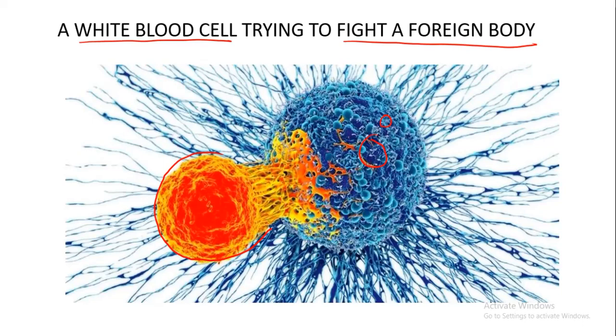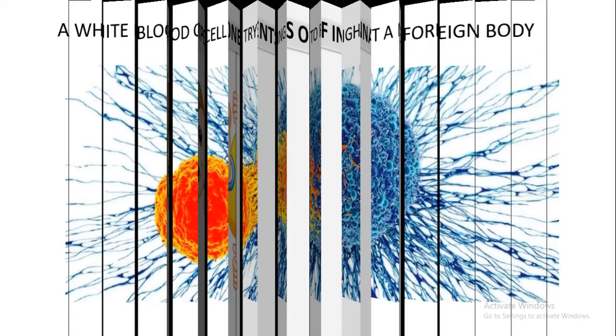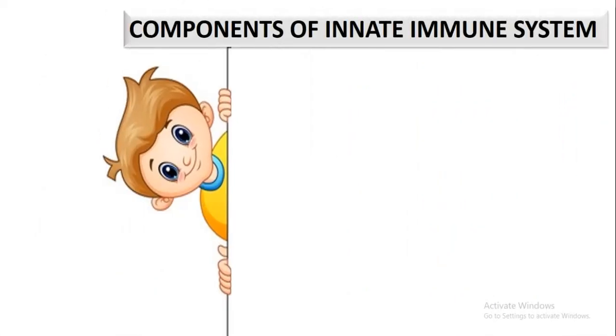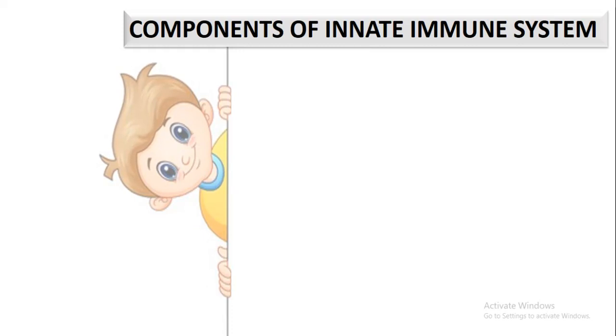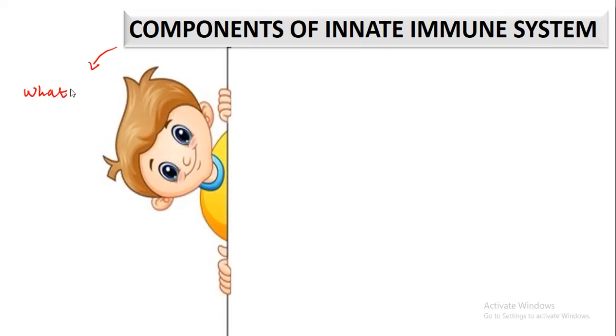So with this being said, it's very important for us to understand the components of the immune system. We need to look at the components of the immune system. So when you talk of the components, we are just trying to ask ourselves, what is it made of?